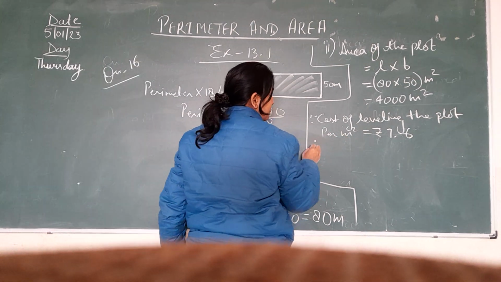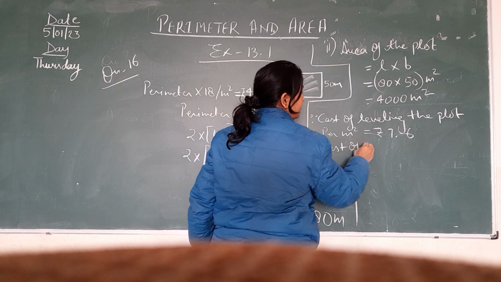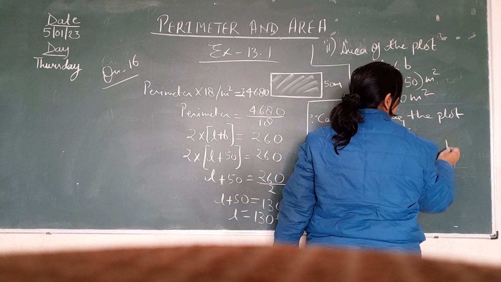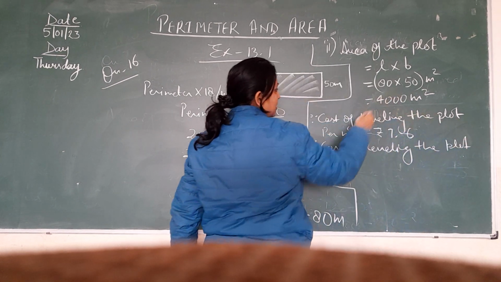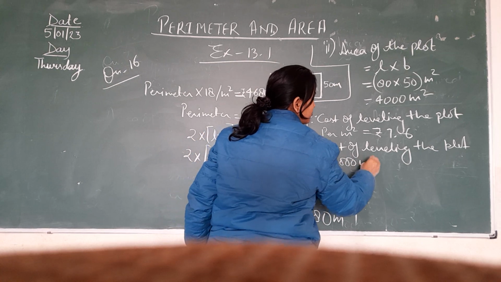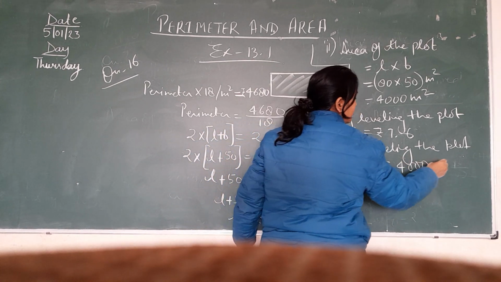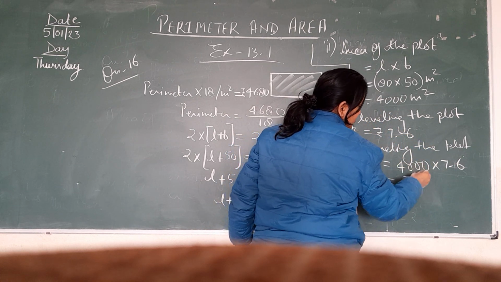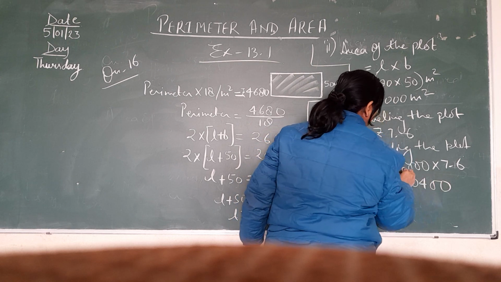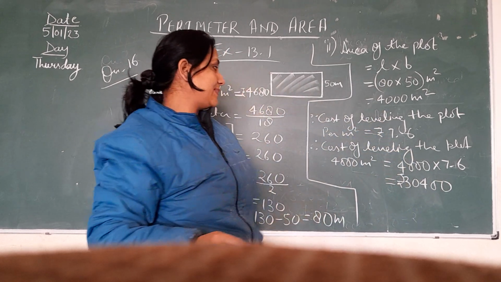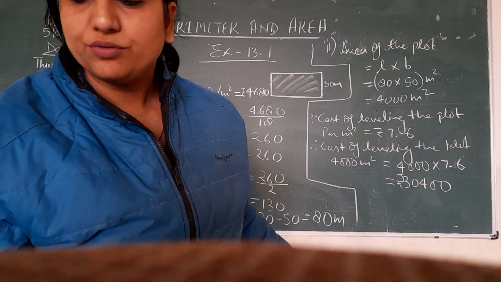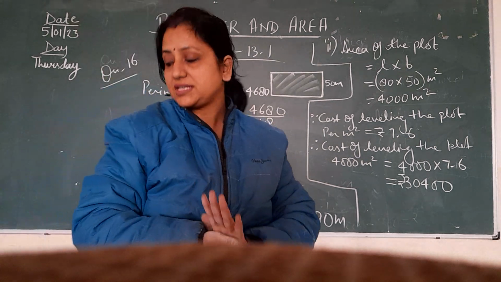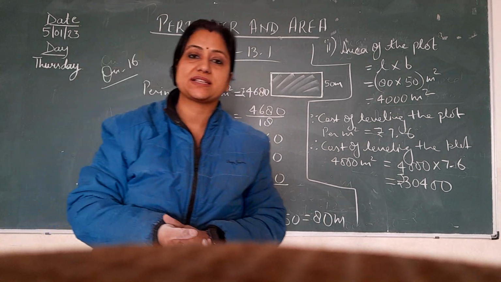So therefore cost of leveling the plot, 4000 meter square, is equal to 4000 multiplied by 7.6, which is equal to 30400. It means the cost of leveling this rectangular plot whose area is 4000 is rupees 30,400. So this is the solution of the second part of question number 16.